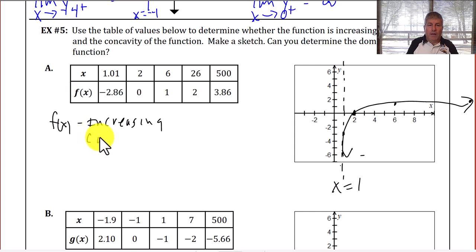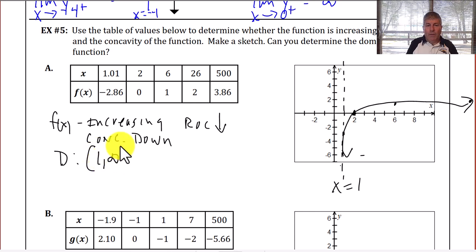It's concave down. The rate of change, though, is decreasing. And our domain goes from 1 to infinity.